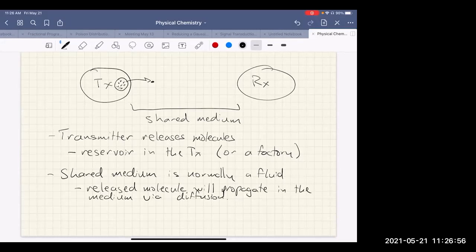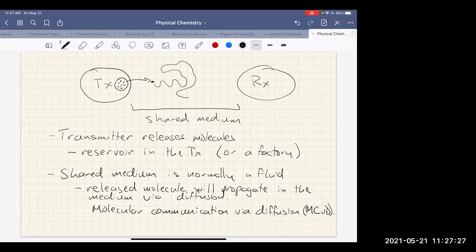Sometimes we call this molecular communication via diffusion, or MCVD. What does this imply? So this implies the molecule that is released will follow a random trajectory until it arrives at the receiver.